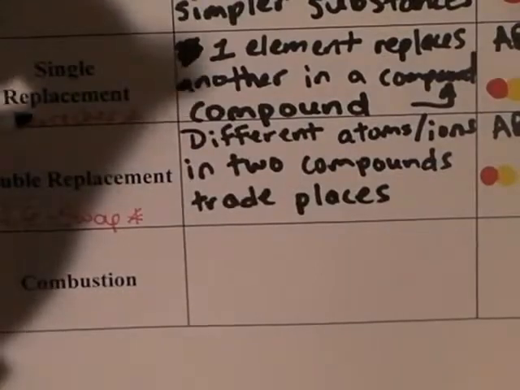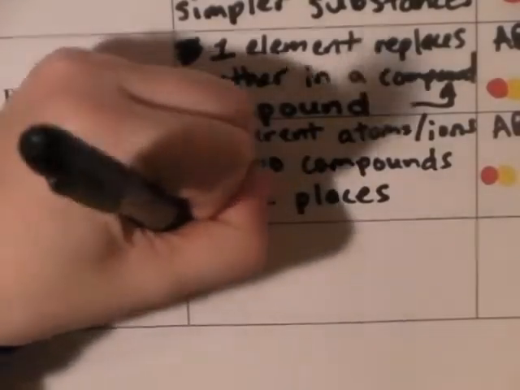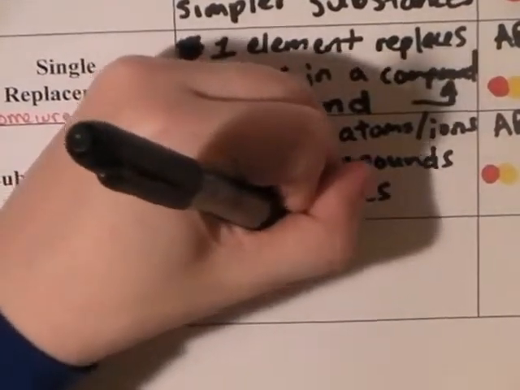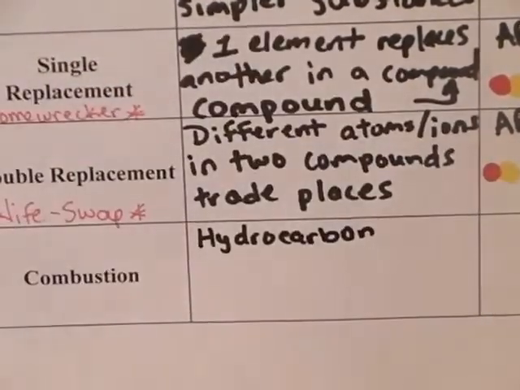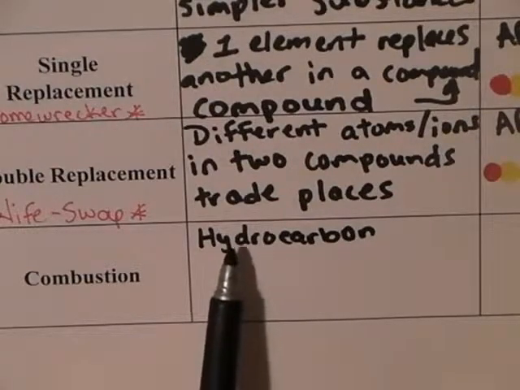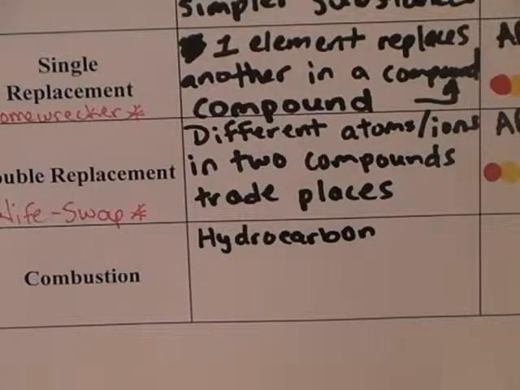Okay, so this is when you have a hydrocarbon. You probably don't know what a hydrocarbon is, but it's a combination of two elements. What two elements do you think are combined in a hydrocarbon? Good, hopefully you're thinking or saying it's just hydrogen and carbon combined. Any combination of carbon and hydrogen, we can call a hydrocarbon.